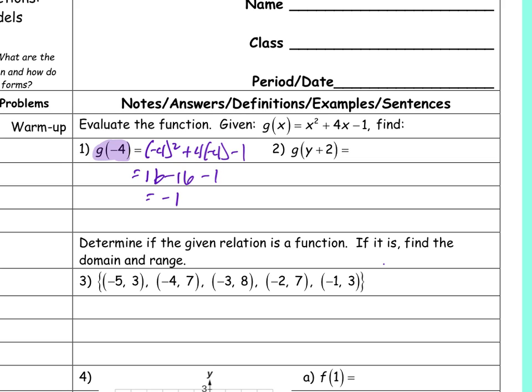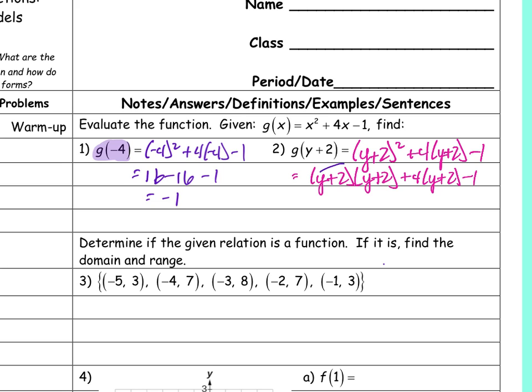Second one, g of y plus 2, that becomes y plus 2 squared plus 4 times y plus 2 minus 1, which is y plus 2 times y plus 2 plus 4 times y plus 2 minus 1.